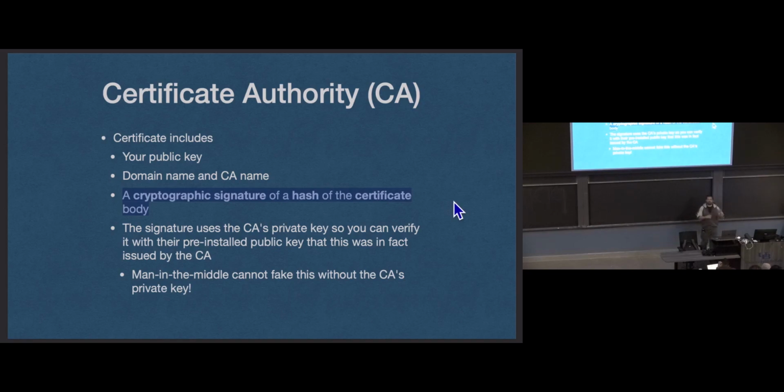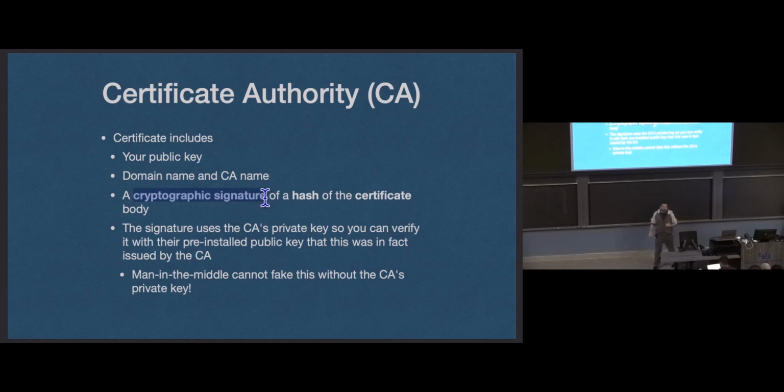So everything about the certificate, all the contents of it, can be out in plain text. But then the contents of it are going to be hashed. So you can take the contents and hash it and verify this. You hash the certificate, and then the CA will cryptographically sign that certificate with their private key.